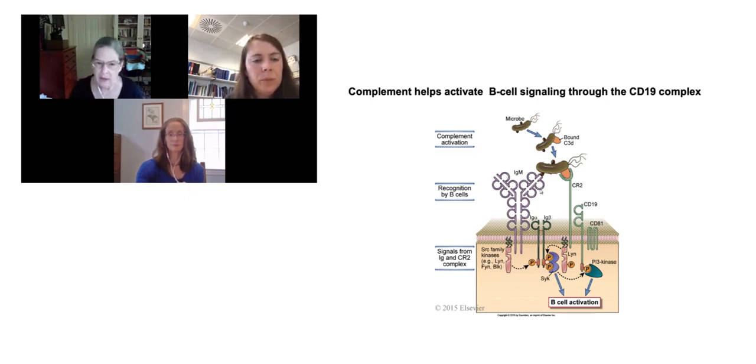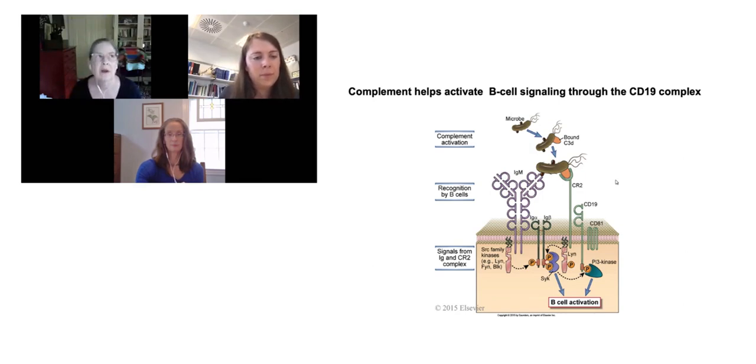But complement also, there's a whole lectin pathway for complement activation that I'm not going to get into. What lectins are is molecules that look a lot like an IgM, and they bind to carbohydrates, like cell wall polysaccharide, and they activate complement in the same way that IgM does.